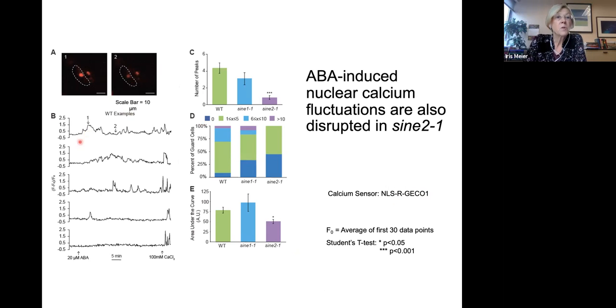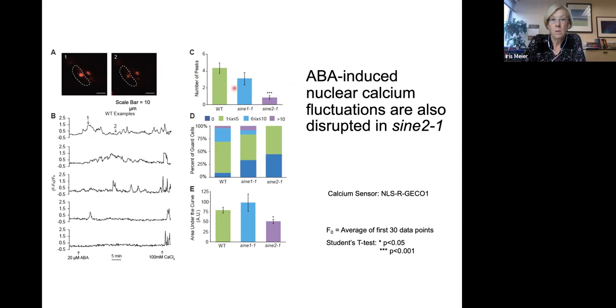And so first of all, yes, ABA can induce nuclear calcium fluctuations. They are less regular than the cytoplasmic ones. If you compare them on a time scale, they're also not synchronous with each other. They're also fewer, but we quantified all of this nevertheless, and she found the same phenomenon she had found for the cytoplasmic calcium fluctuations.